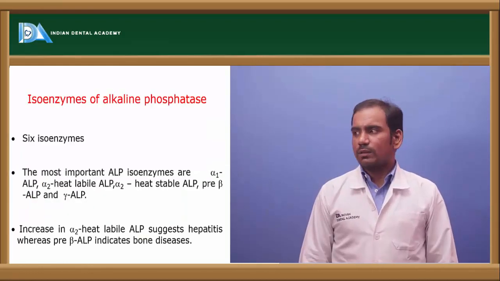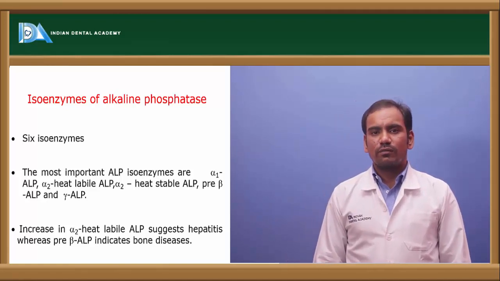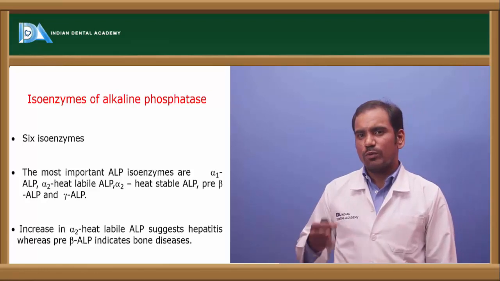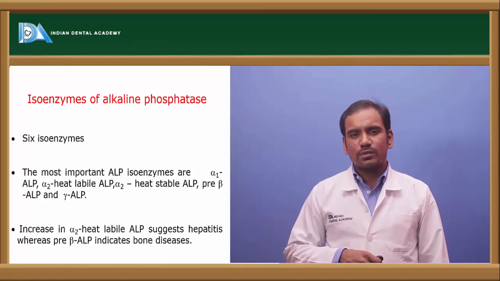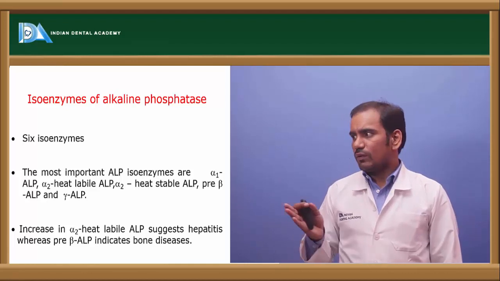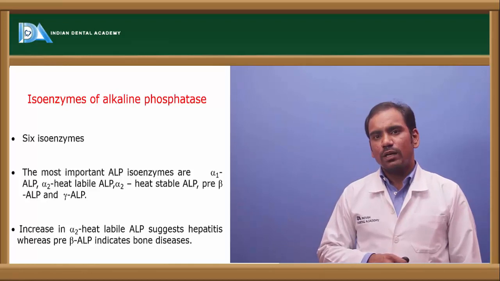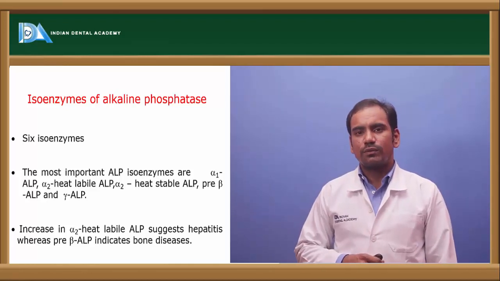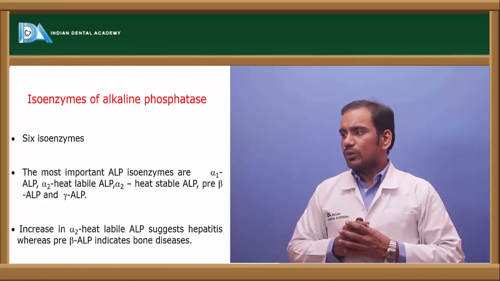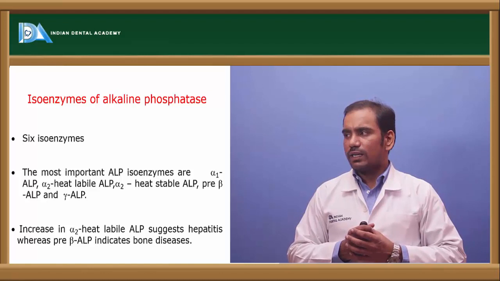Another isoenzyme is alkaline phosphatase. It removes phosphate groups, which is why it is named phosphatase. There are 6 isoenzymes of alkaline phosphatase: alpha 1 ALP, alpha 2 heat labile, alpha 2 heat stable, pre-beta and gamma ALP. What is the significance of alkaline phosphatase?